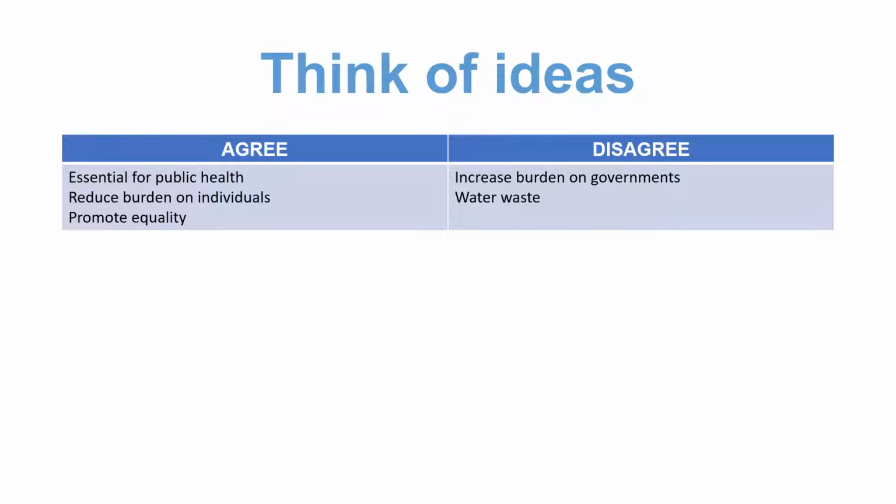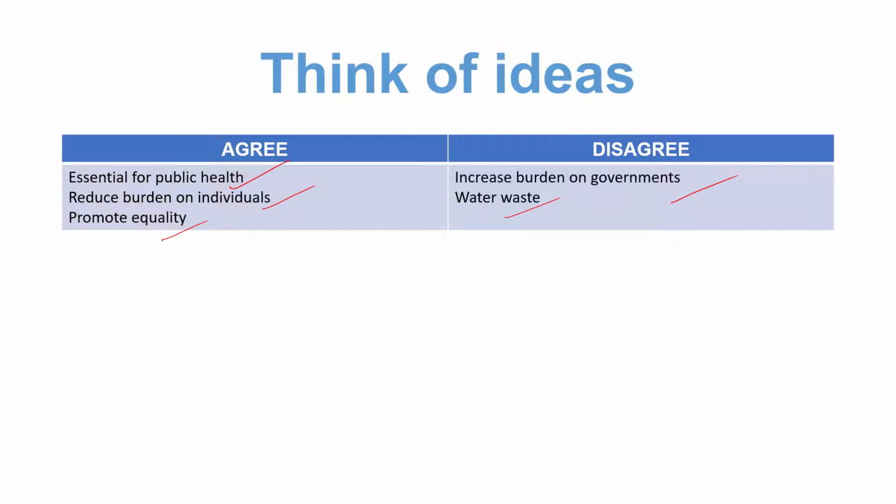So let's see, if I want to agree with this, I will say yes, every home should have clean water because it is essential for public health. Yes, water is essential for health. It reduces burden on individuals, promotes equality. If I want to disagree, I'll say it increases burden on governments and promotes water waste. Okay, so we will discuss.